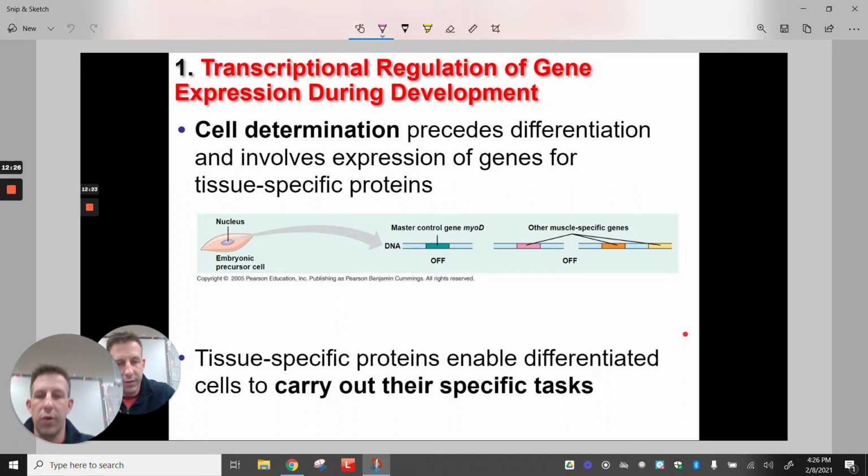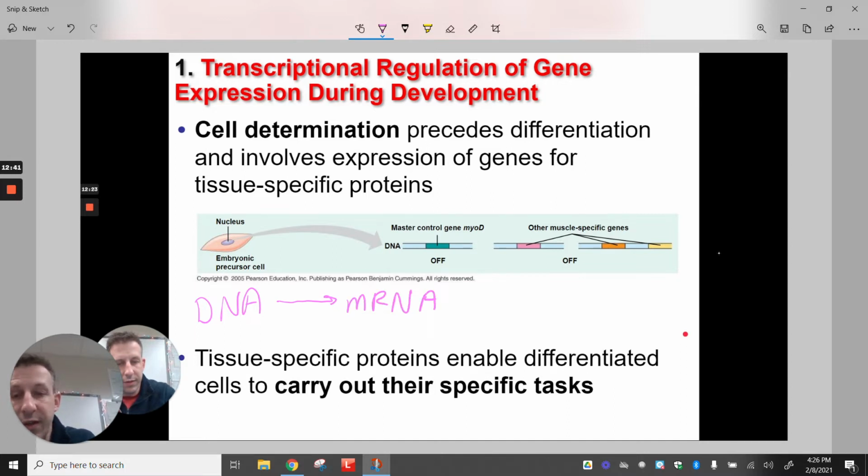Okay, so when we are transcribing a gene, we are taking DNA and we are turning it into mRNA. Effectively, what we have to do here is turn that chunk of DNA on. That chunk of DNA is also called a gene.